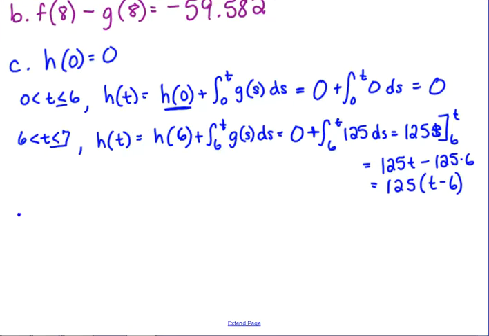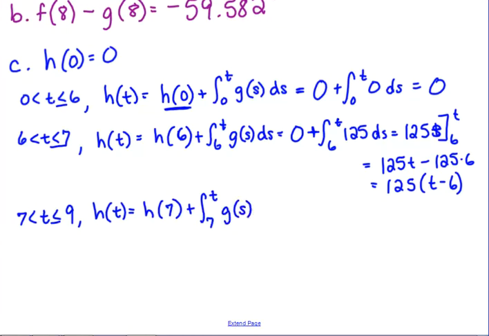Okay, and then between 7 and 9, we've got h of t is equal to h of 7, plus the integral from 7 to t of g of s ds. Now, h of 7, that's not 0 anymore. She removed for 1 hour at a rate of 125 cubic feet, so she's removed 125 cubic feet.